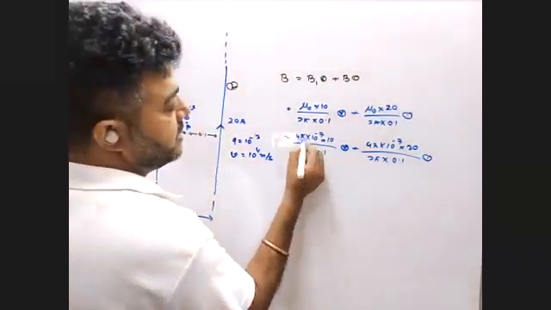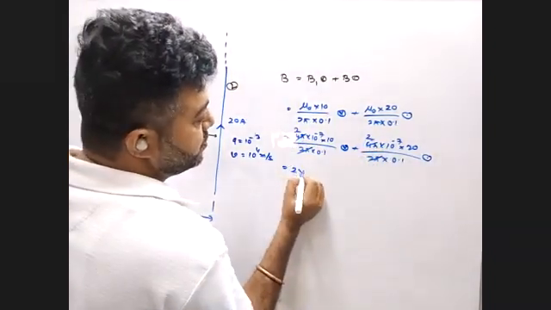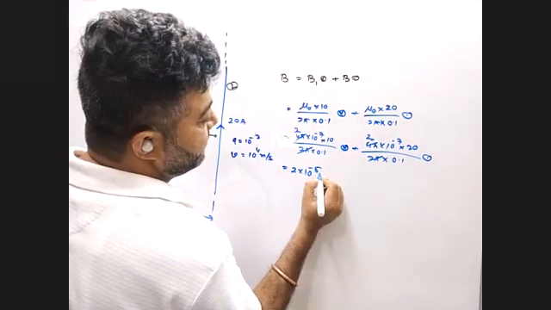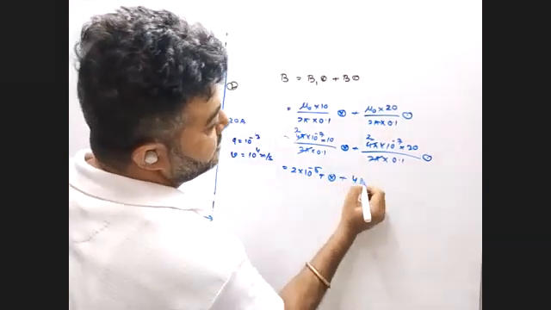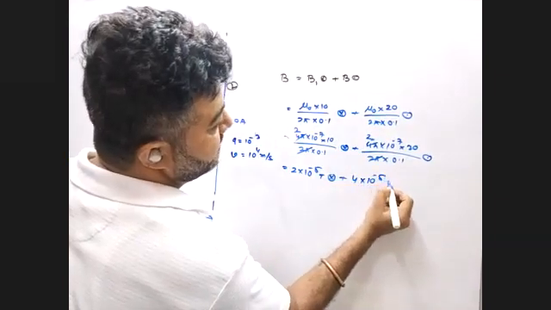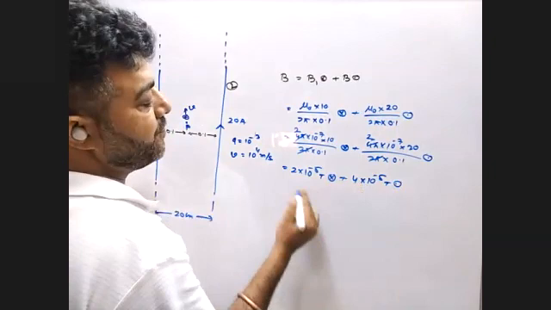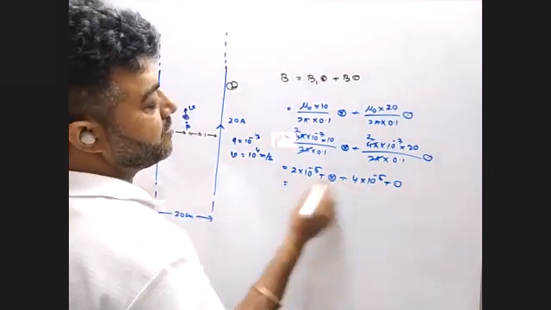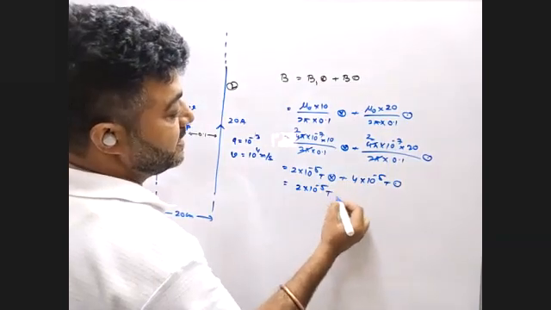I can cancel these, so 2 into 10 to the power minus 5 Tesla cross and 4 into 10 to the power minus 5 Tesla dot. Clearly 4 is greater than 2, so 4 minus 2 is 2 into 10 to the power minus 5 Tesla dot.